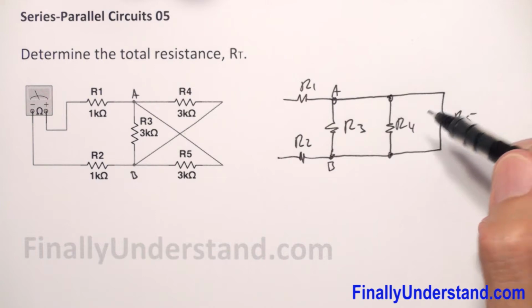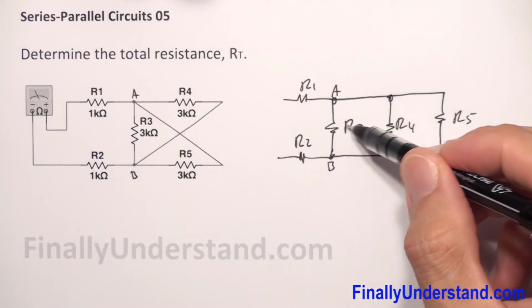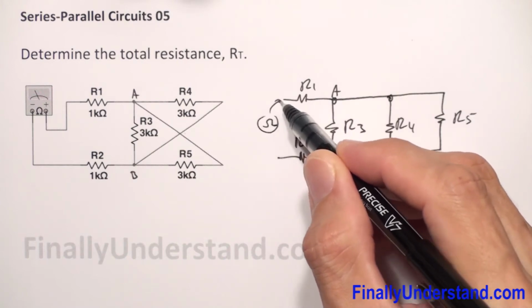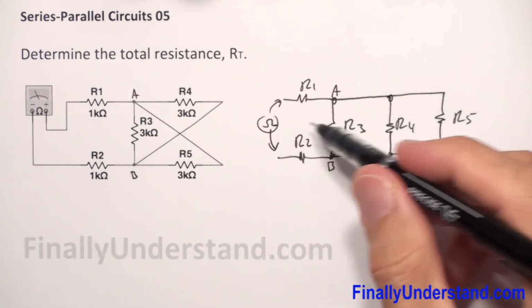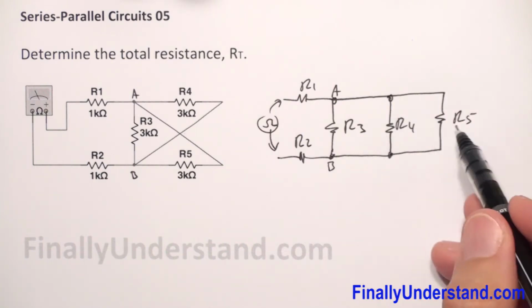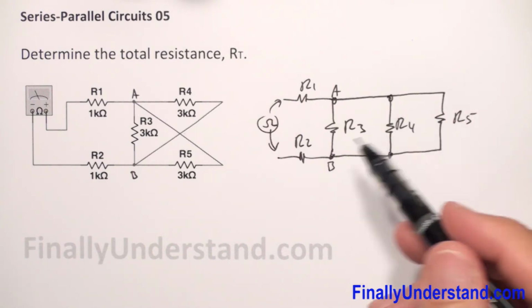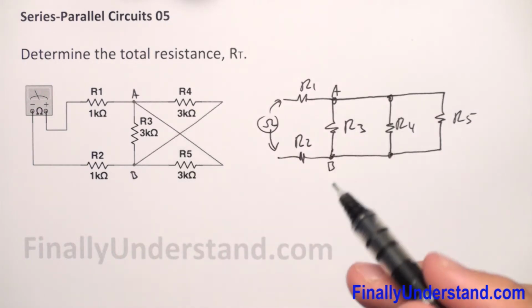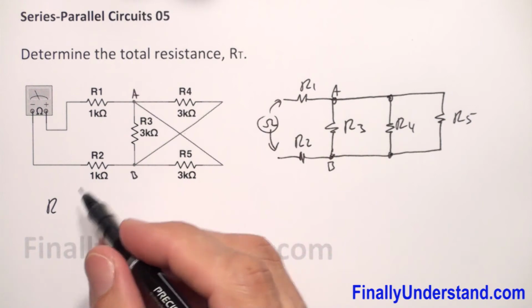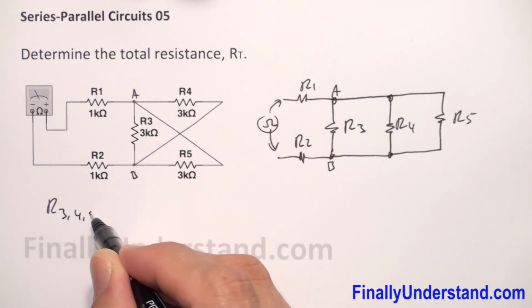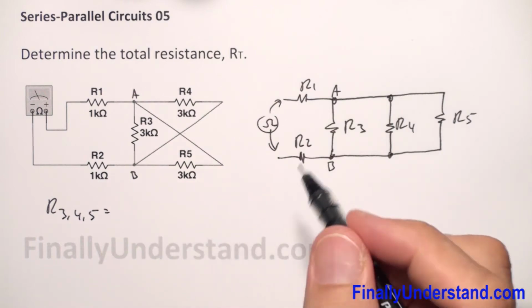Next, we're supposed to find the total resistance of these three resistors. Remember, if this is my ohm meter on this side, I have to start solving this problem from the other side. So I have three resistors. But please notice that these resistors have the same resistance, 3 kilo ohms. So in order to find resistance R3,4,5, I'm going to use the following formula.